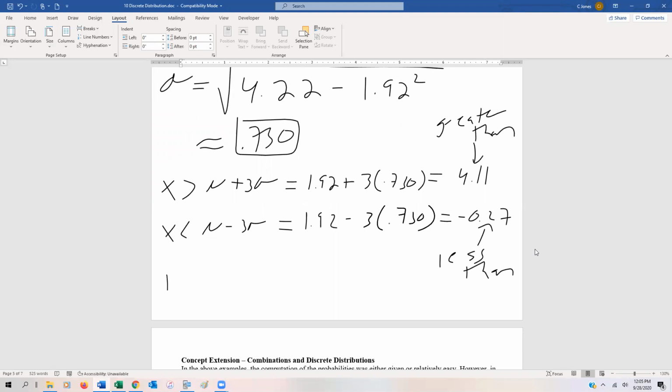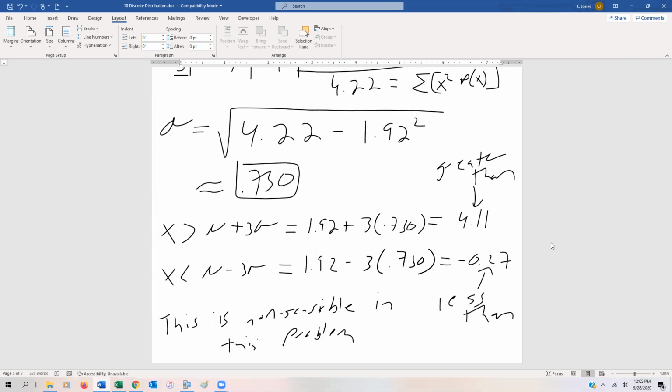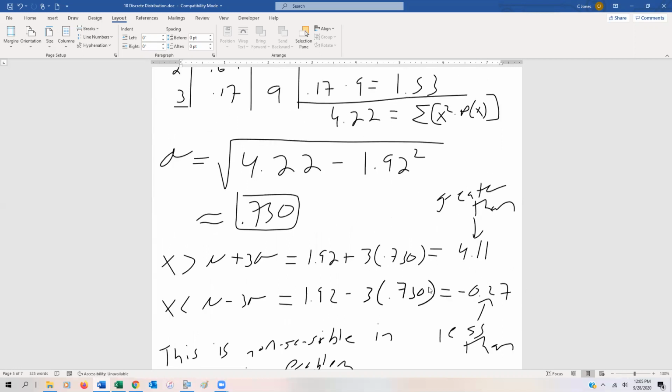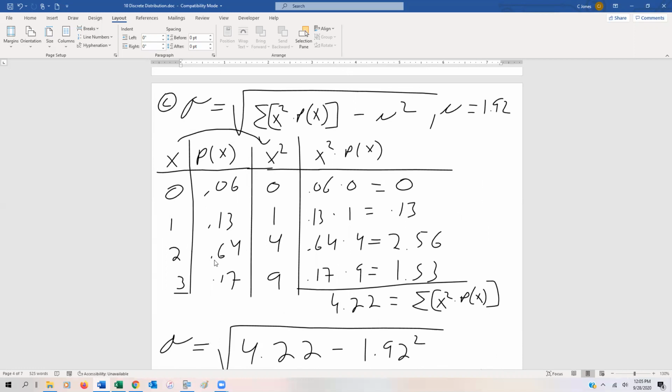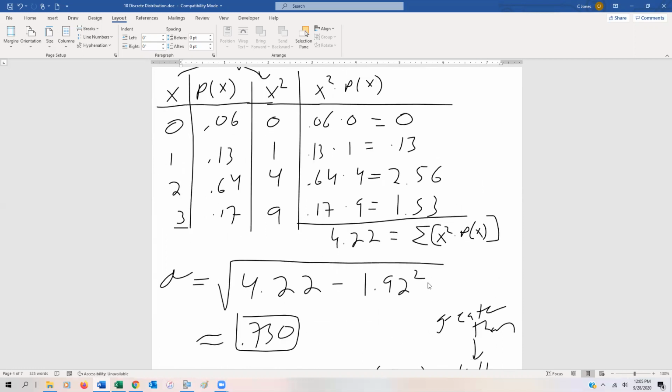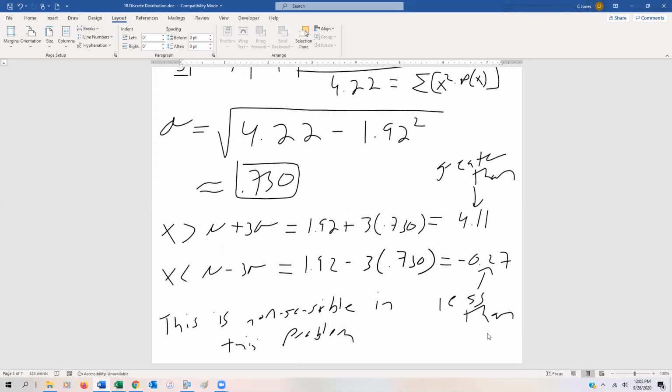So again, this is, you could say, nonsensical in this problem. All right, but again, we do know how to compute them, and it's just theoretical probability. So, I mean, we certainly expect that it's very difficult to make 3 free throws in one sitting, and we also would suspect that if the person's been playing a long time and they have a 64% chance of making 2, it'd be very difficult for that person to make none of them, if they were trying.